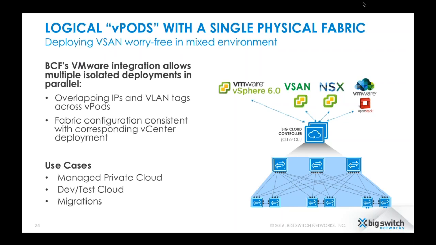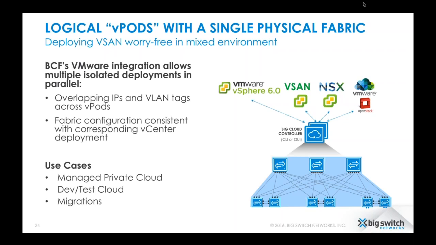Where you can share one physical fabric across multiple different orchestration systems, multiple different deployments, either, as I said, different products or different versions of the same product. Right? So combining dev test together with production, really we have customers that are sharing the same switch, and one port may be used for a test environment, another port may be used for a production environment, completely secure and isolated in terms of data plane, control plane, and administration plane, where in terms of the automation, we synchronize the configuration only with the tenant that has that configuration change, right?